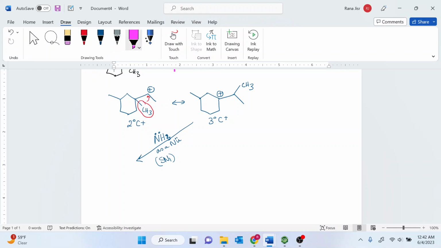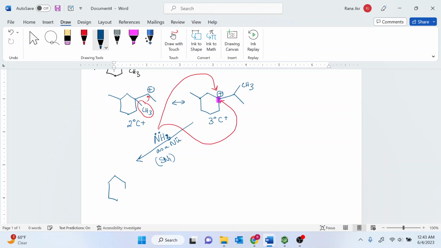Now, since this is a planar carbocation, and it has three different groups around it, if I add the ammonia, it will be four different groups, so I'm creating a chiral center. So I'm going to go ahead and consider the stereochemistry by showing that the NH3 is going to attack on both sides of the carbocation, in front and the back.